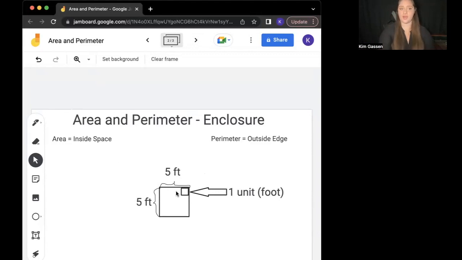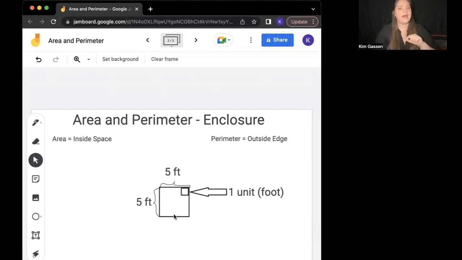Now, this square for my cell is called a unit. The units of my zoo are enclosures, but the units of the enclosures are feet. So this enclosure is 5 feet by 5 feet. So can somebody help me find the area of this enclosure?